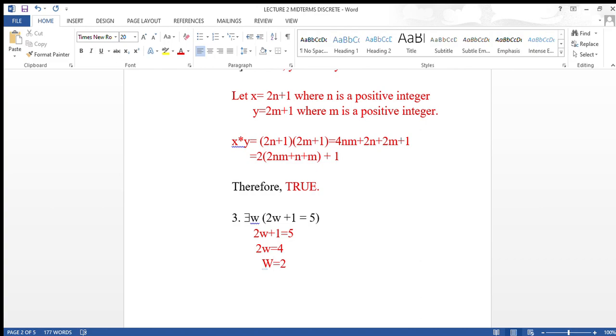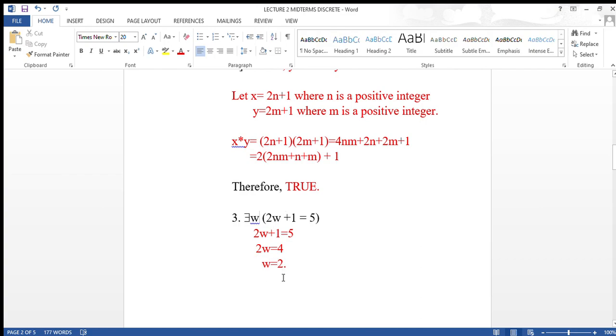So what does this mean? If w is equal to 2, this value of w will now satisfy the equation. And since our quantifier is there exists, it only means that we just need one possible value of w that will satisfy this statement.